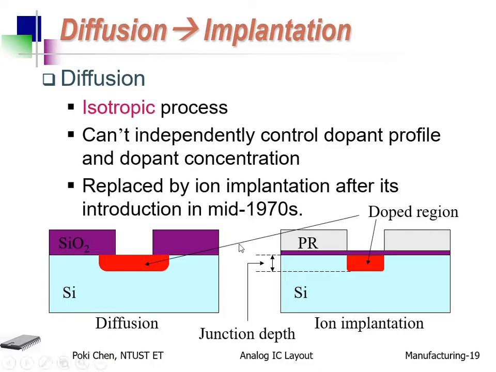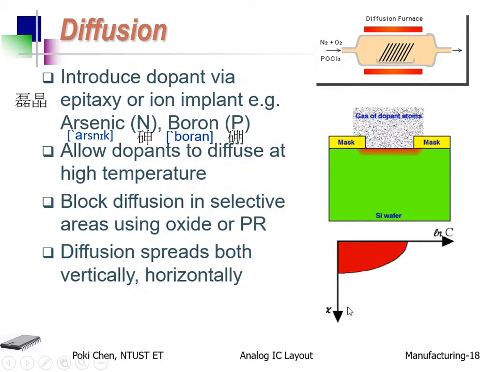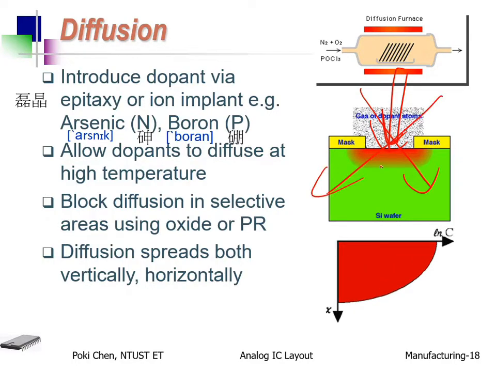Because I forgot to mention another very important phenomenon here. For diffusion, you have no way to control the direction of your atoms. They try to fly by themselves, so they will diffuse in this direction, diffuse in that direction. Wow!